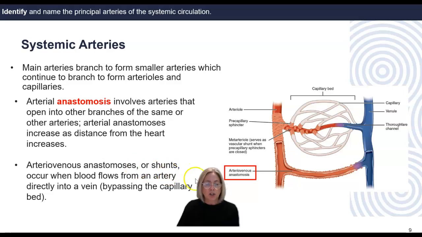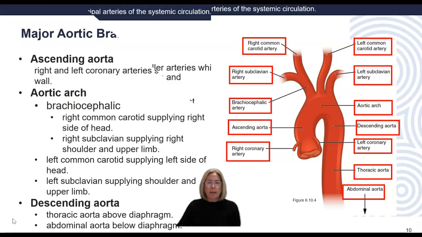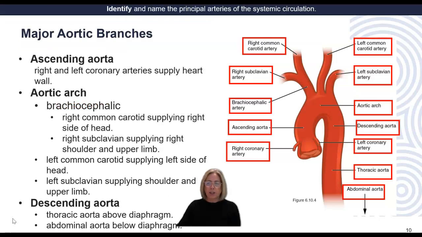The one that we talked about in the previous part of this topic was in terms of thermoregulation, where when you're cold, that capillary bed doesn't open up, and you get that movement of blood from that arteriole straight through into that small vein, totally bypassing that capillary bed. All right, so moving on now to the major aortic branches.